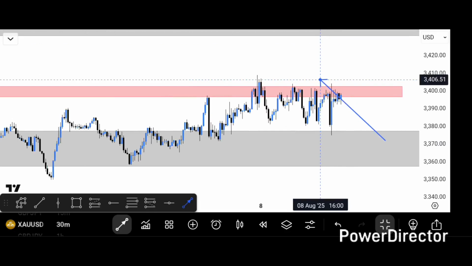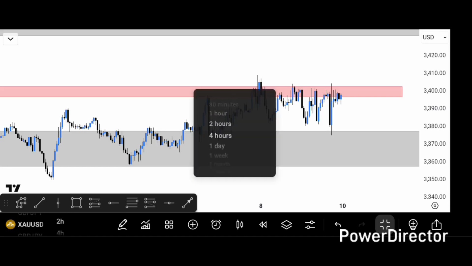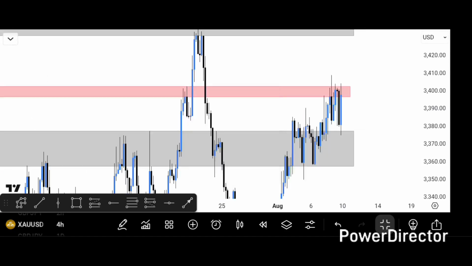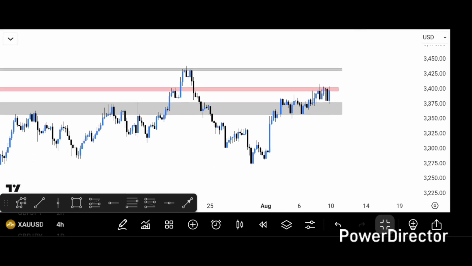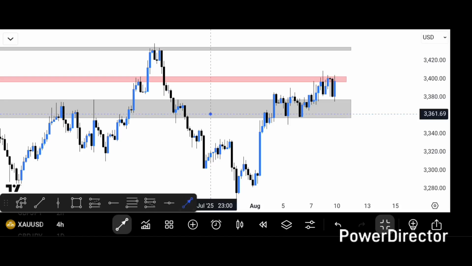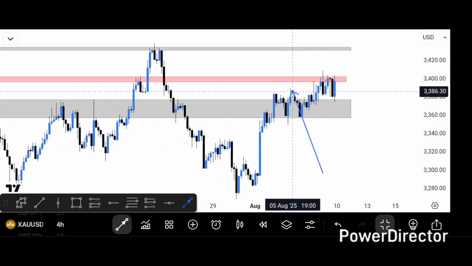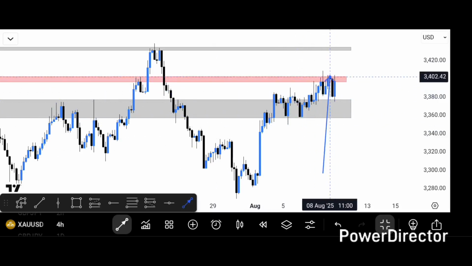Now since we are at a high, why I believe price might also short is because we are at a high. If you look at the structure on the 4-hour time frame, this is a higher high, a higher low, higher high, higher low, higher high. So now we are at a higher high zone.